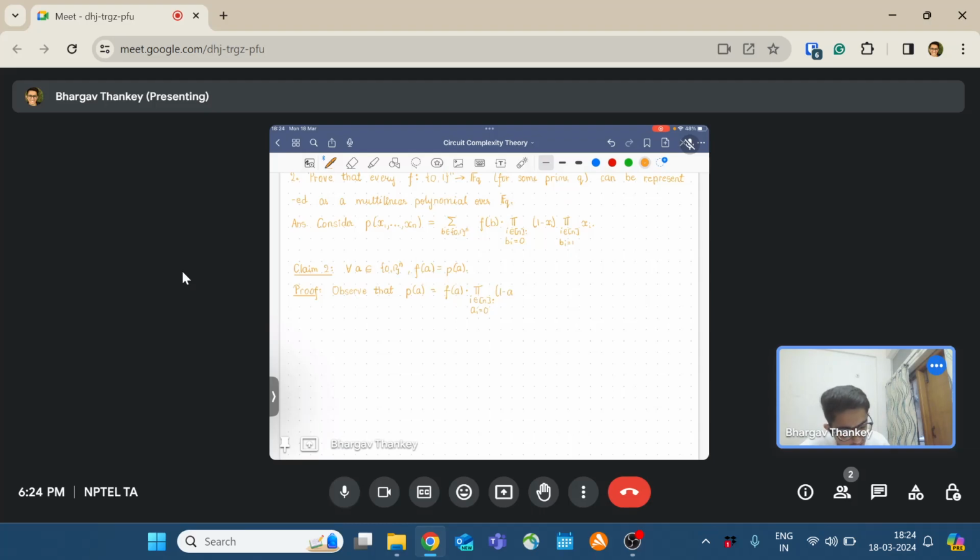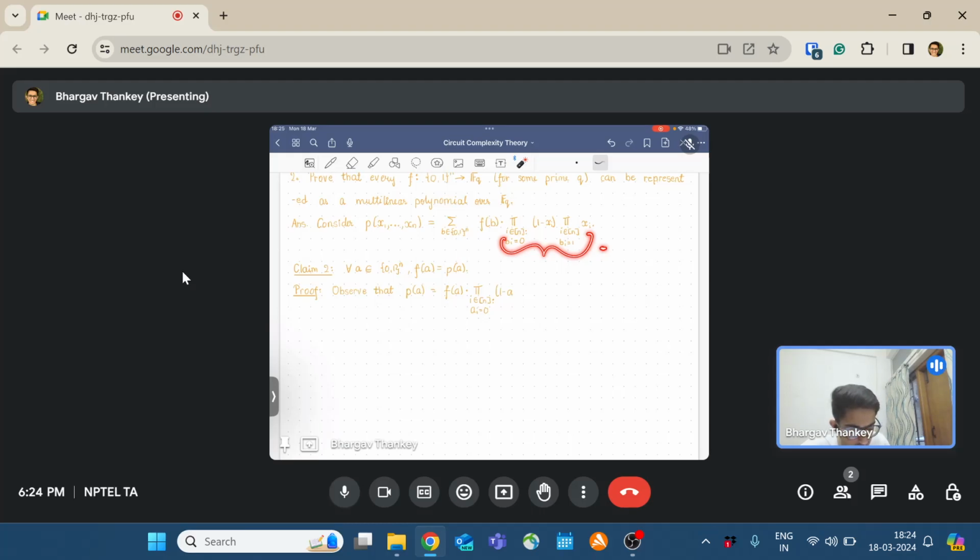Okay, so when you plug in a over here, let's look at all the b's over here. Corresponding to every b, you have a term over here. When you plug in a over here, as we saw in the previous problem, this term becomes 0 for every b not equal to a, and this term survives only for b equals a, right?